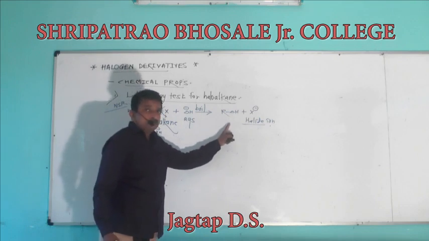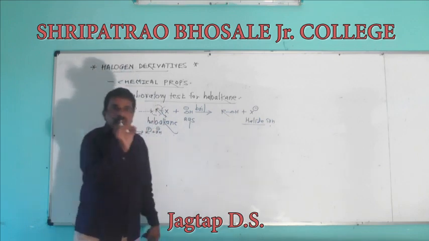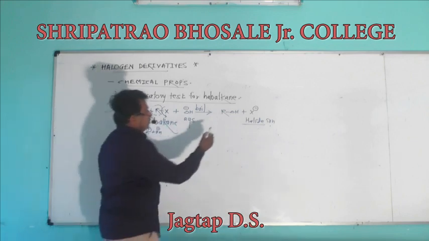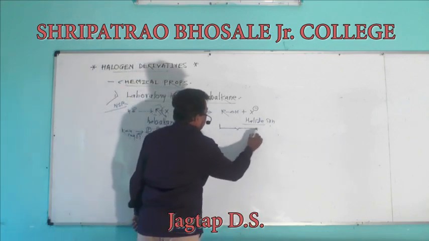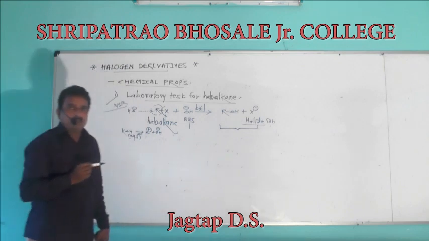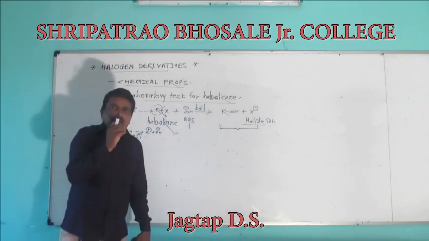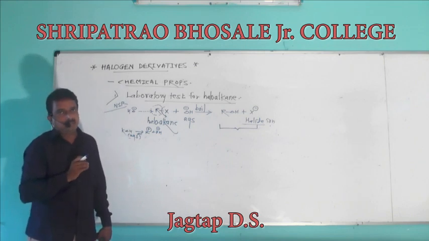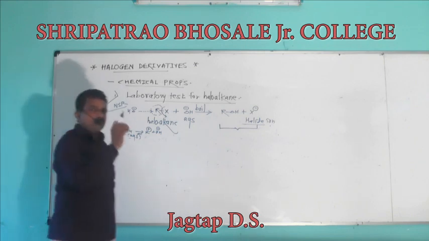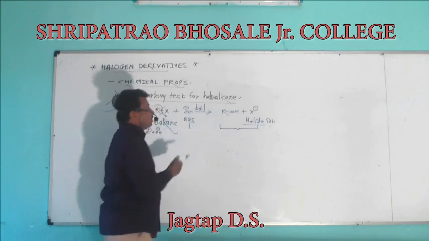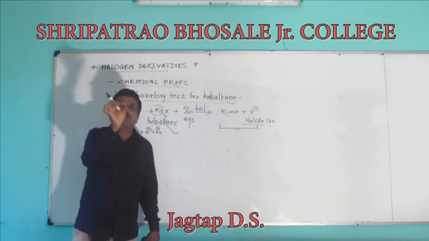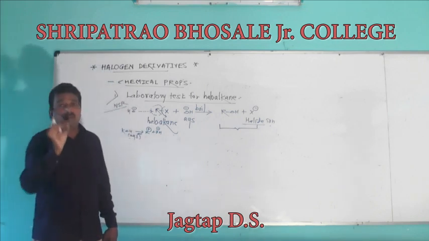Then the mixture is acidified by adding dilute nitric acid and silver nitrate. Then the white precipitate of silver halide is obtained.